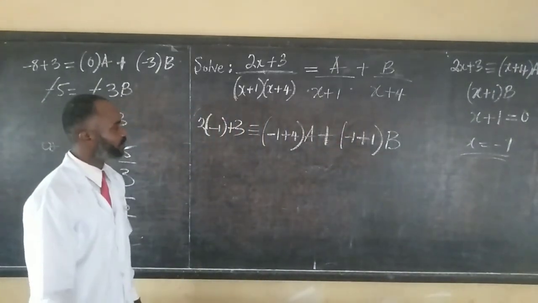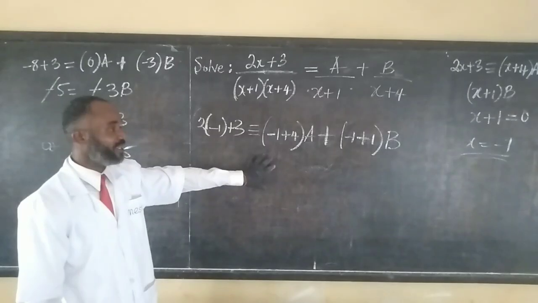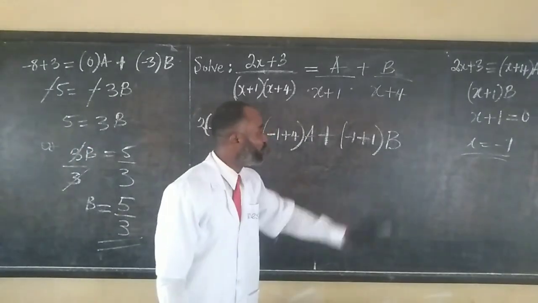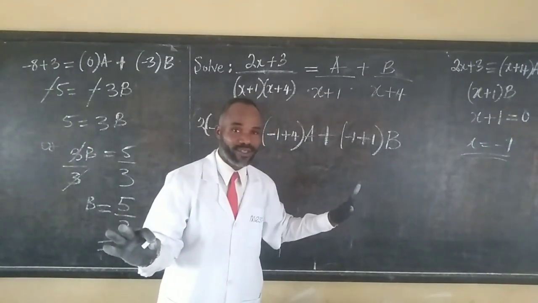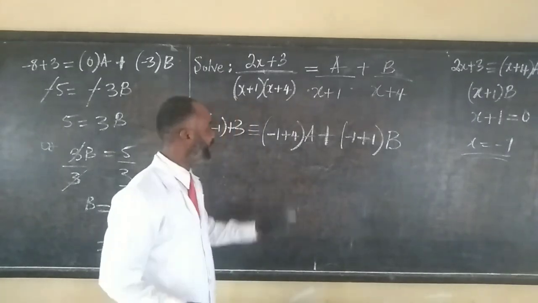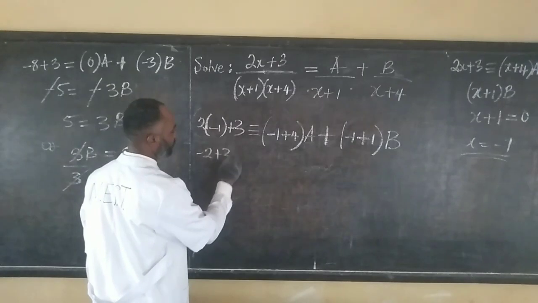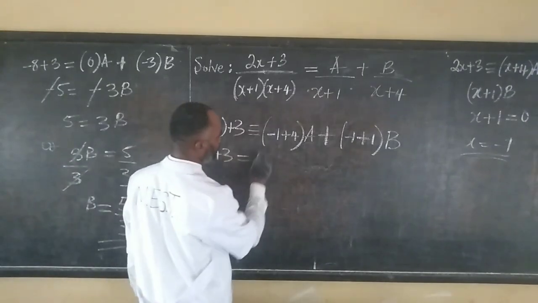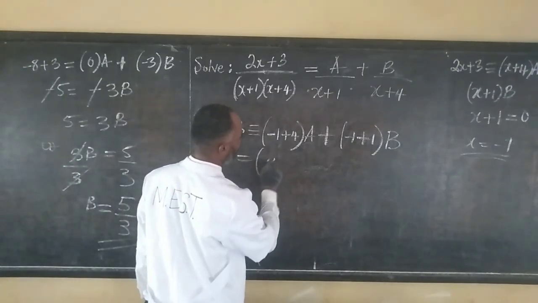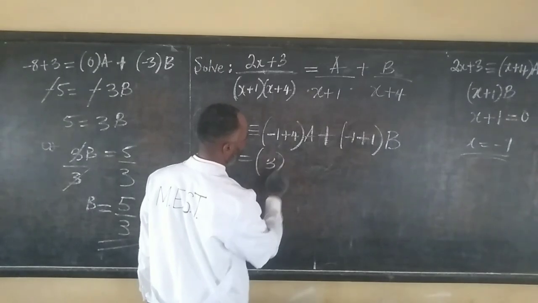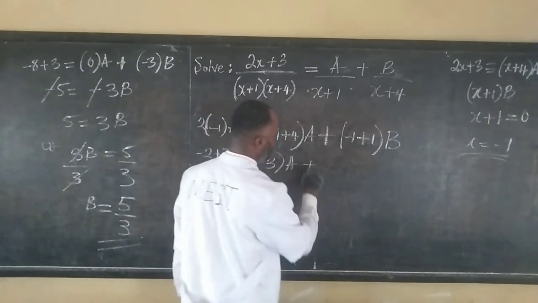Of course, from this expression we can see that definitely B is going to leave us, and we're left with only A. So this gives us minus 2 plus 3, which is just 3, and then we have A. And here, what happens?